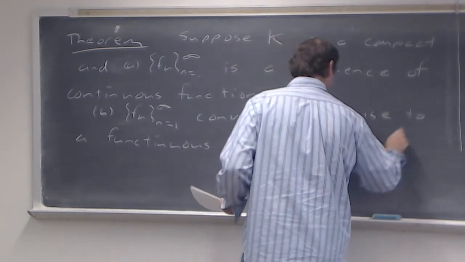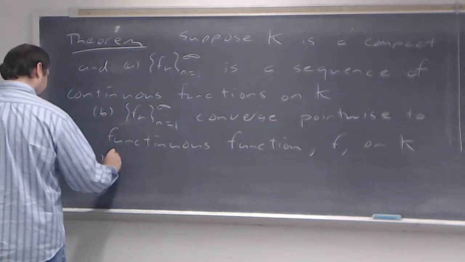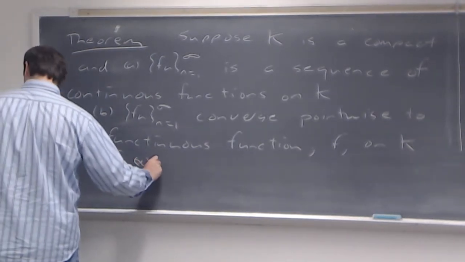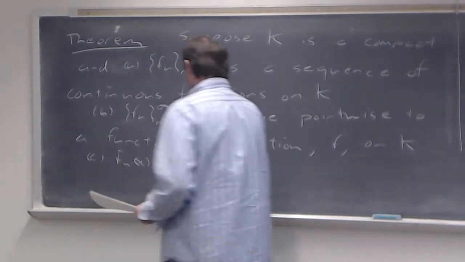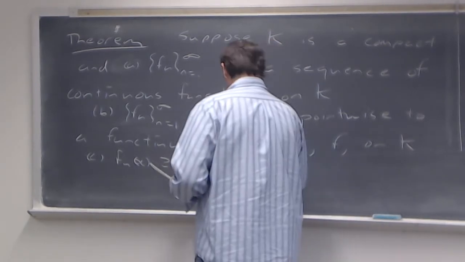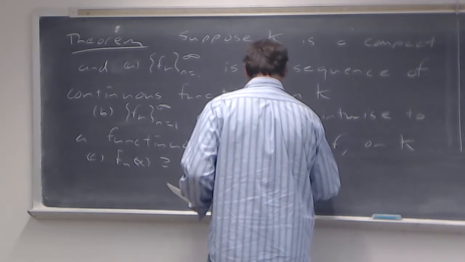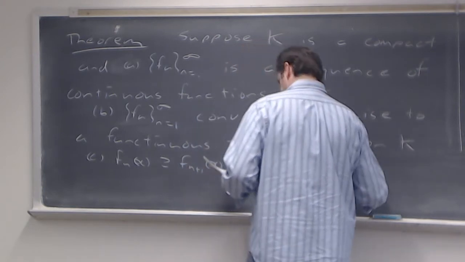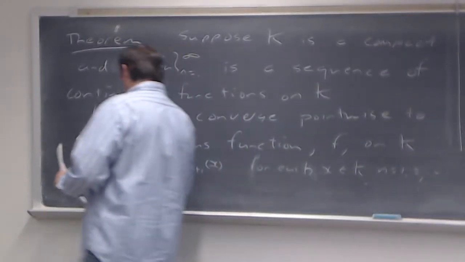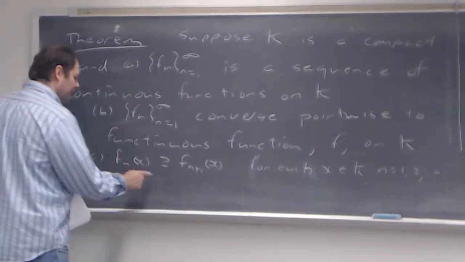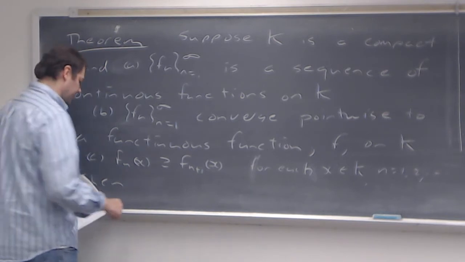f on K. And thirdly, we're going to assume that f sub n of x is greater than or equal to f sub n plus 1 of x, for every x element of K and n equaling 1, 2, and so on. What I was going to say is that for each x, the f sub n of x forms a decreasing sequence.